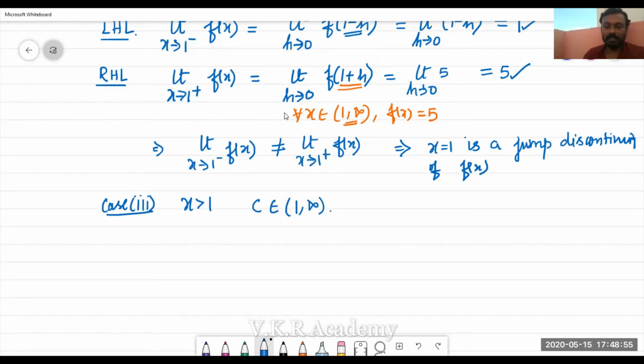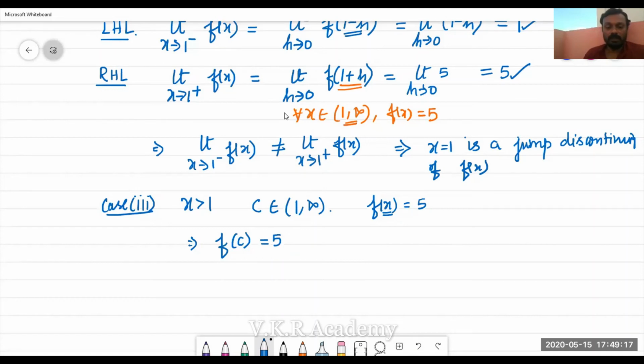And in the interval x greater than 1, f of x is equal to 5. This is how they have defined in the question. So whatever be the value of x, f of x is 5. Therefore, f of c is also 5.